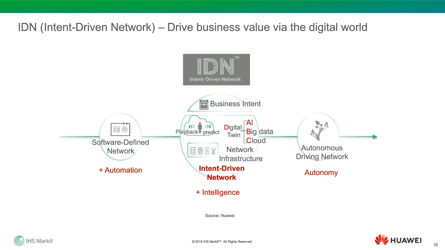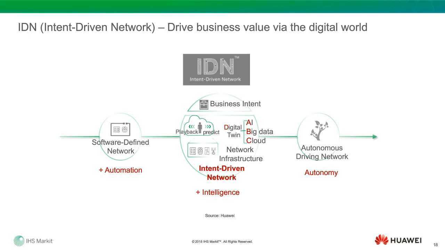Sure. Actually, I plan to spend around 15 minutes to explain in a little bit of detail how Huawei implements the future network. We call it the intent-driven network, called IDN, and the term came about a year ago, but we keep adding new things.